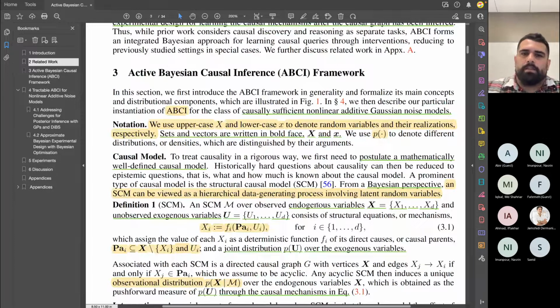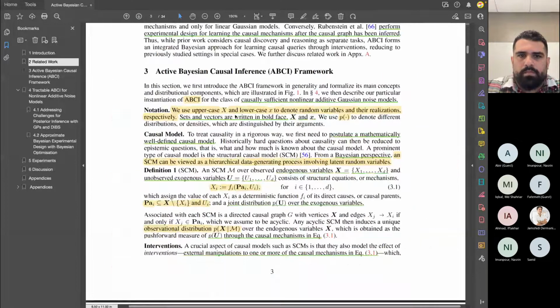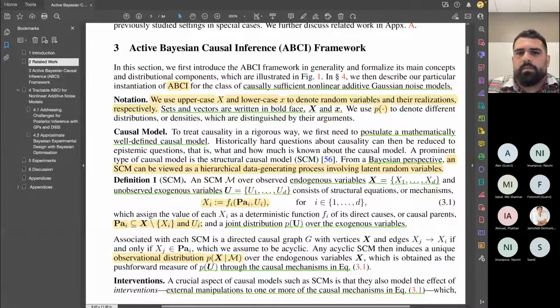They start with the notations. So I'll spend a few minutes just explaining what variables they are using. Uppercase X refers to the observational data, and lowercase x refers to interventional data that is generated.